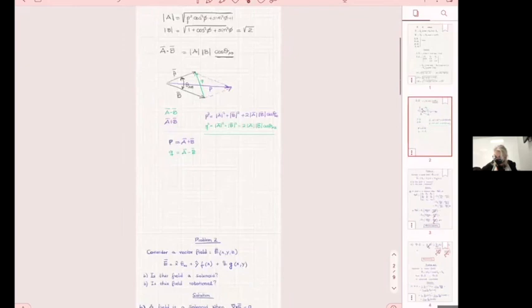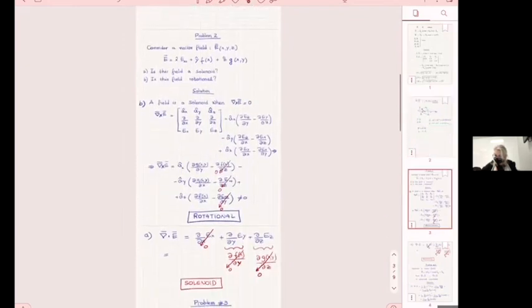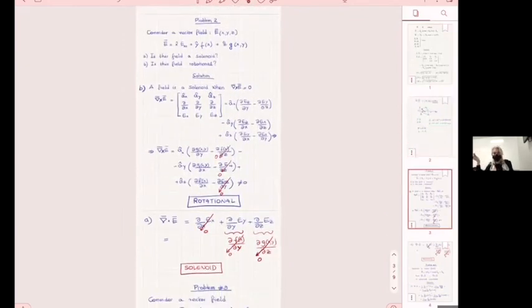Problem number one. Problem number two is how you classify the fields, whether it's a solenoid or whether it's rotational. That is useful in many ways, even if the fields that we will have will be a lot simpler.